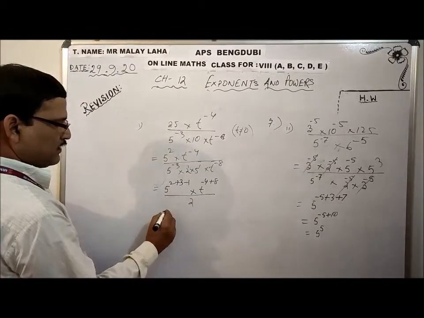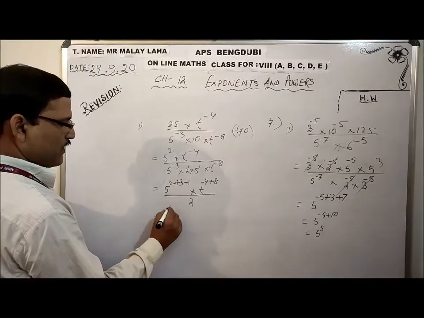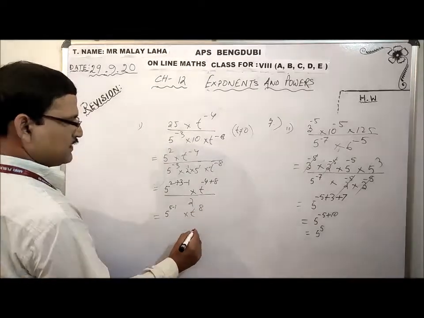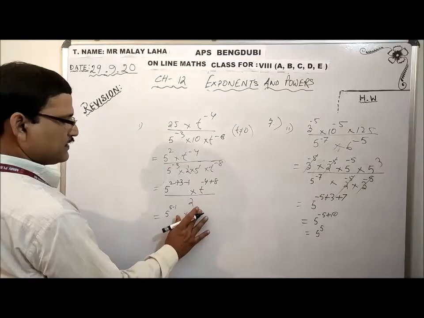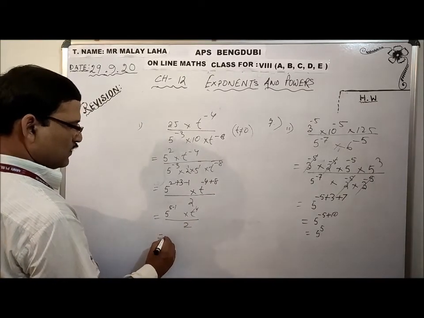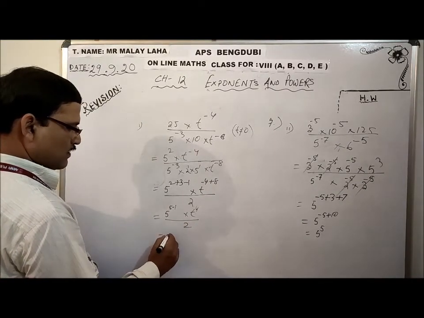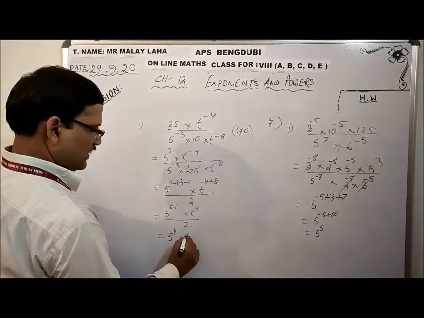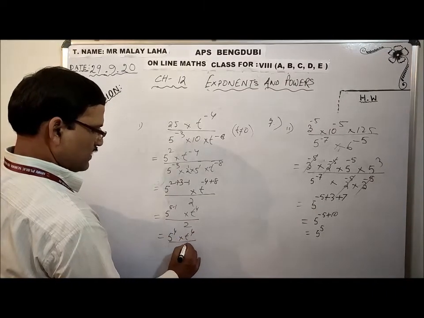Okay, now calculate 5 raised to 5 minus 1 and t raised to 8. So 8 minus 4 is 4, by 2. So it is coming 5 raised to 4 into t raised to 4 by 2.